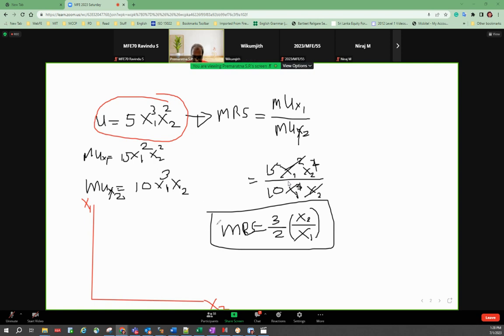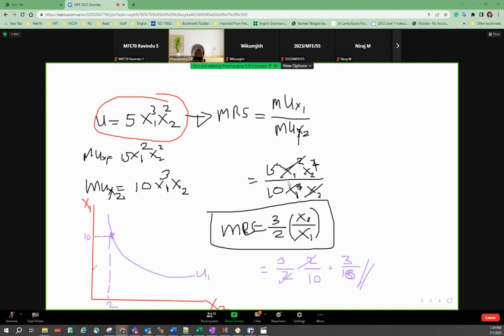Now look at the MRS. If you look at two different places, so this is the utility. Come here, just put some hypothetical figures. Let's say here 10, here 2. Now find the MRS: X1 is 10, so 3, 2, divided by 10, here 2. So MRS is 3 divided by 10.